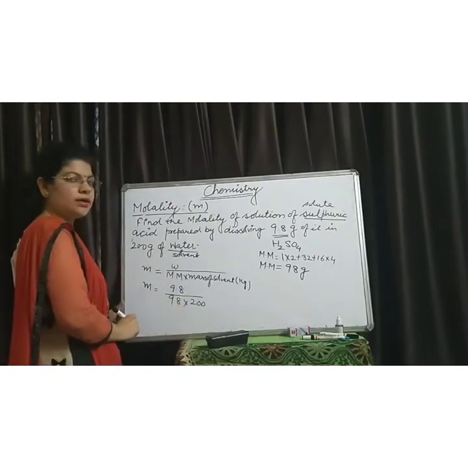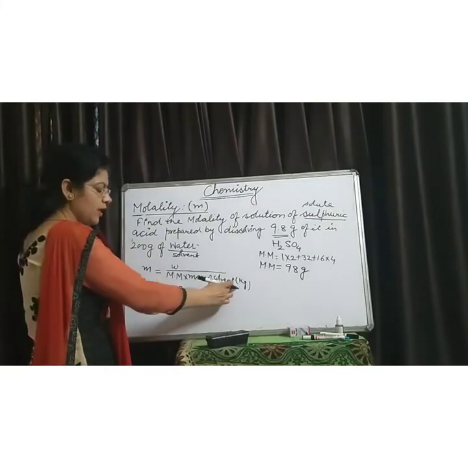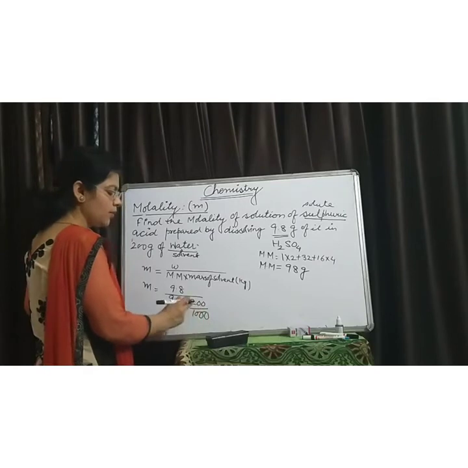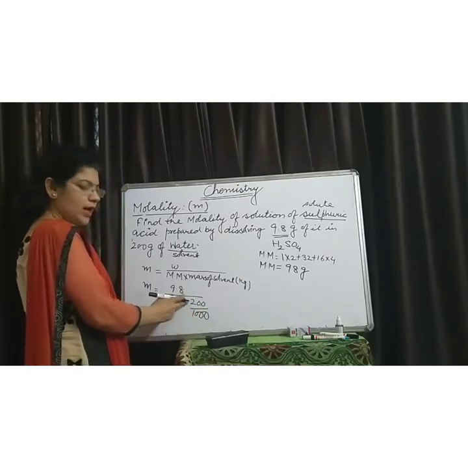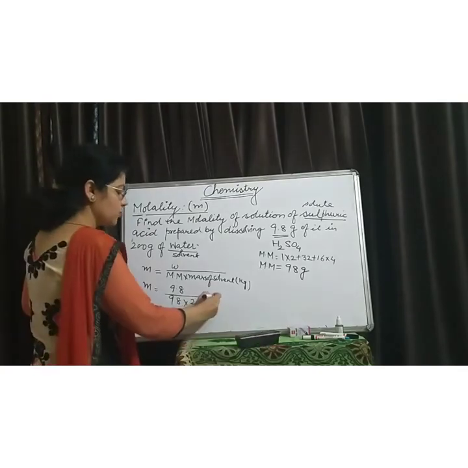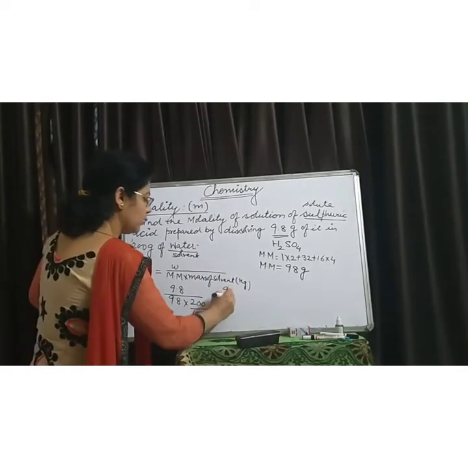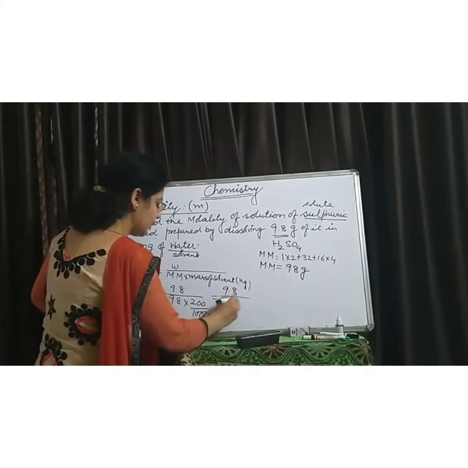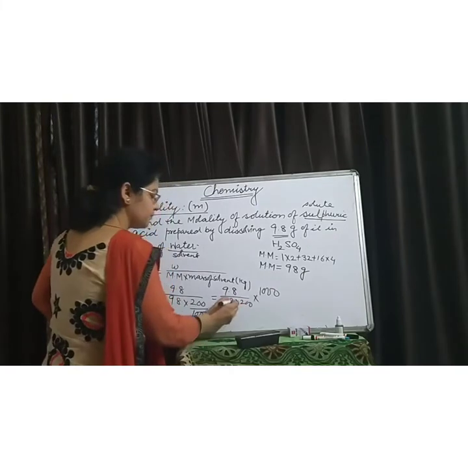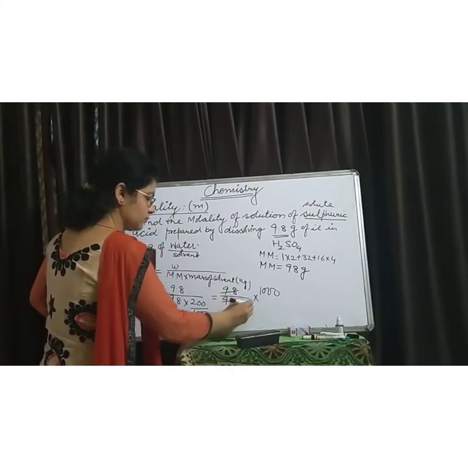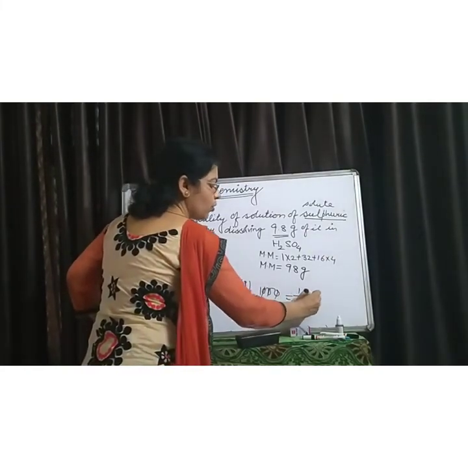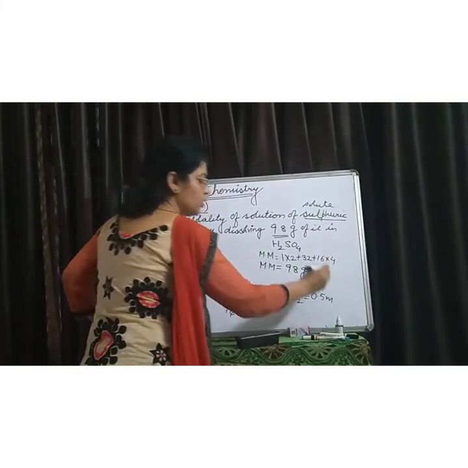As we need the mass of the solvent in kilograms, we have to divide this 200 by 1000 so that it converts into kilograms. Just solve this. 9.8 divided by 98 multiplied by 200 into 1000. It comes out to be 1 by 2, or 0.5 molal.